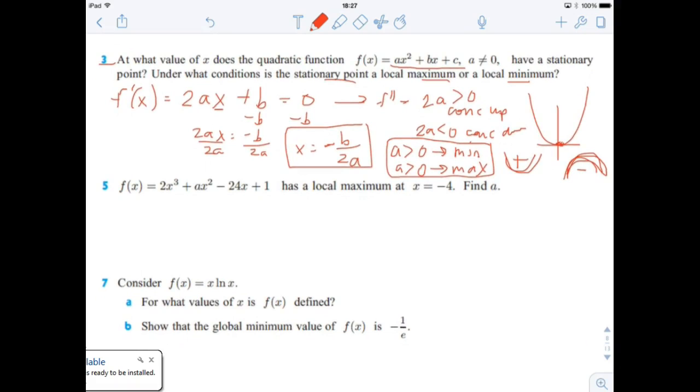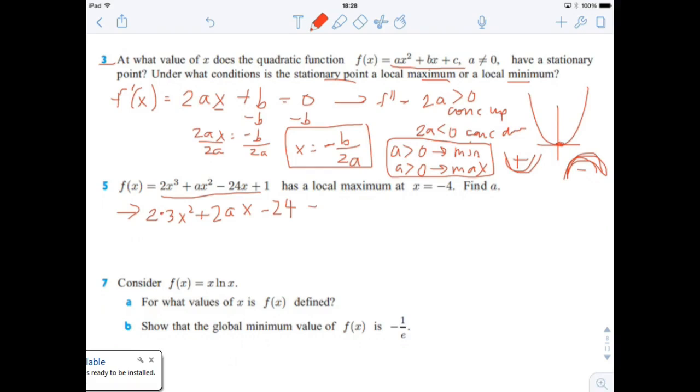Number 5. Now we have the cubic function. And it says it has a local maximum at x equals negative 4. Find a. Okay, so now, where does it have a local maximum? Again, we're going to take the derivative. So we have 3 times 2x squared plus 2ax minus 24.